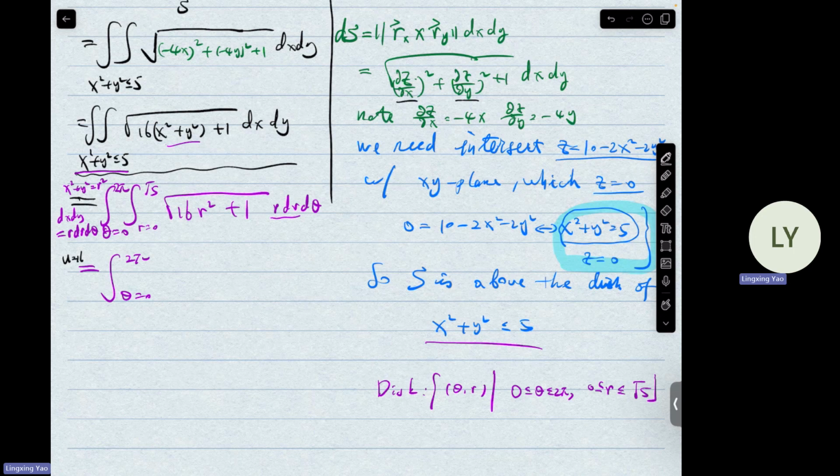So u is 16 r squared plus 1, so du equals 32 r dr. So r dr equals du over 32, and this is becoming the square root of u, and you can find the antiderivative of that and then finish the calculation.